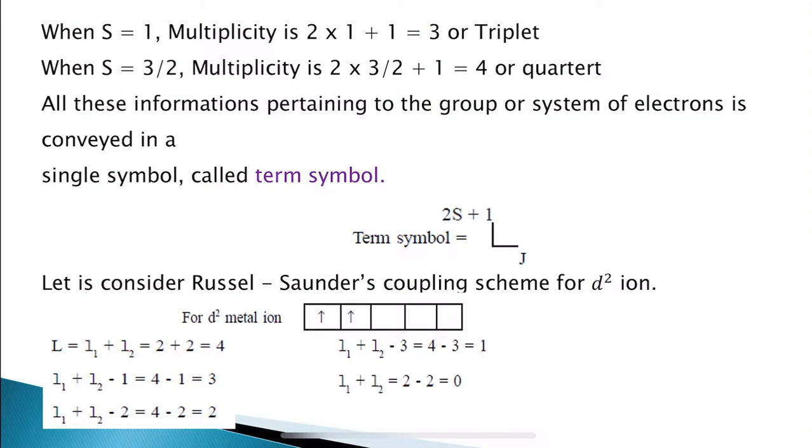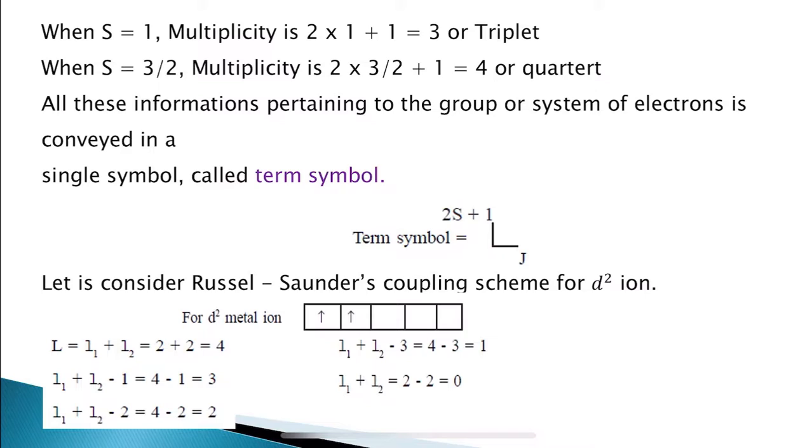State of the electron means in which subshell it is present, in which orbital it is present, and what sort of angular momentum, both orbital angular momentum and spin angular momentum, the electron is going to possess. The state or energy of the electron also means whether it is in the ground state or in an excited state.